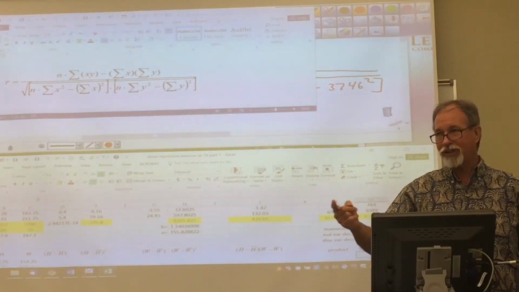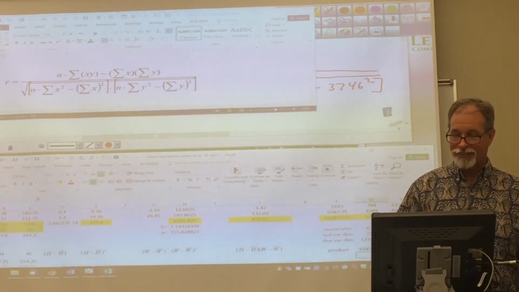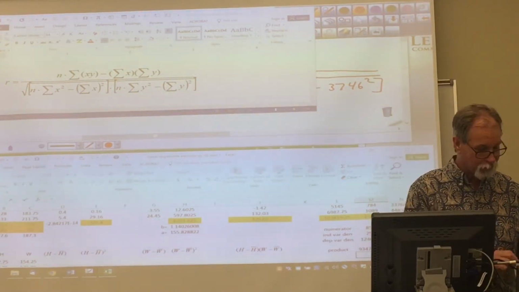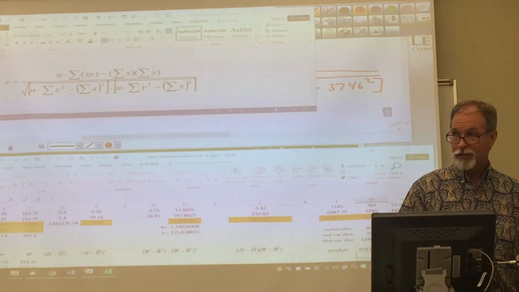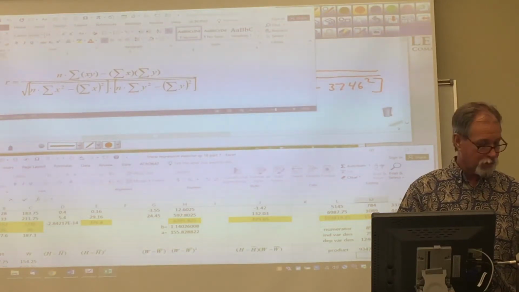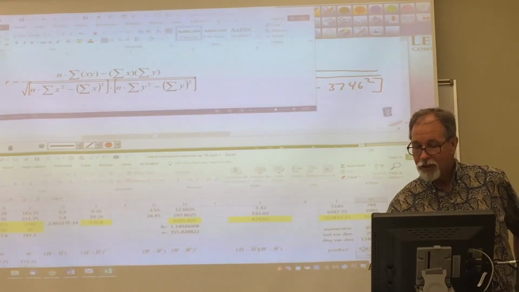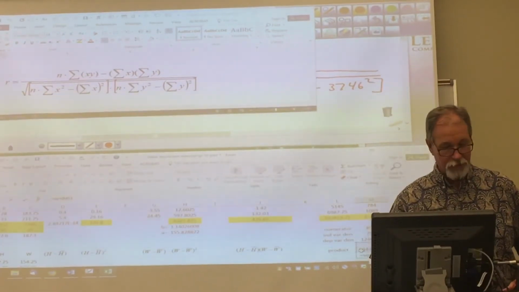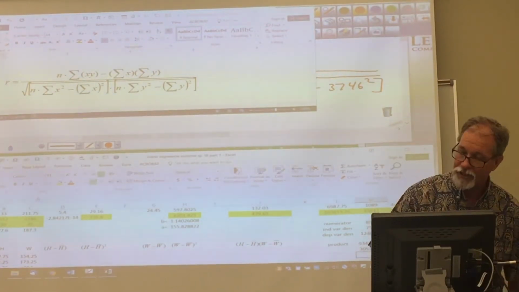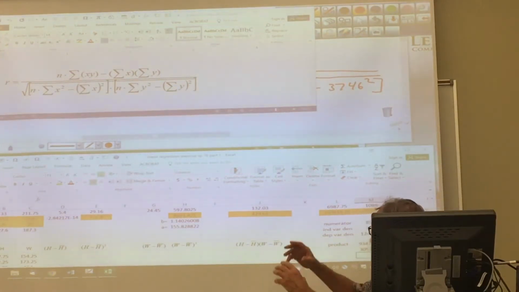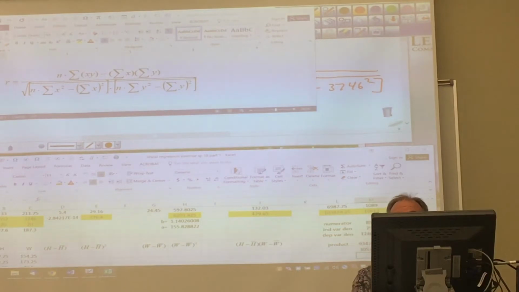Square root and squaring, they're related, but they're not the same. How do I get the square root? SQRT in Excel, or on the calculator you just push the square root. So I get a number that's 30,573. So that is the actual denominator.